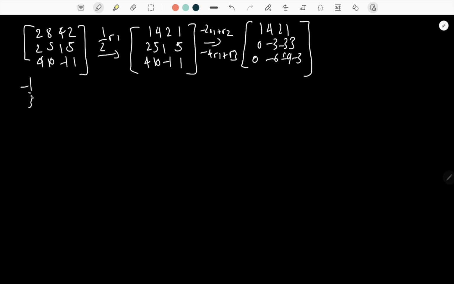Minus 1 over 3 R2, don't mind my handwriting, and that will give us 1, 4, 2, 1, 0, 1, 1, minus 1, and then the last row also we can divide by minus 3. Let's do it step by step.